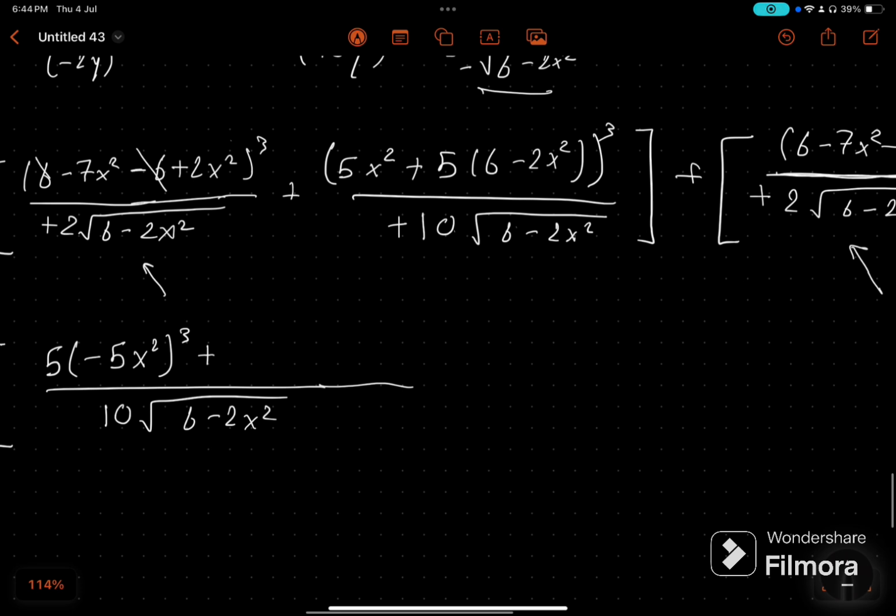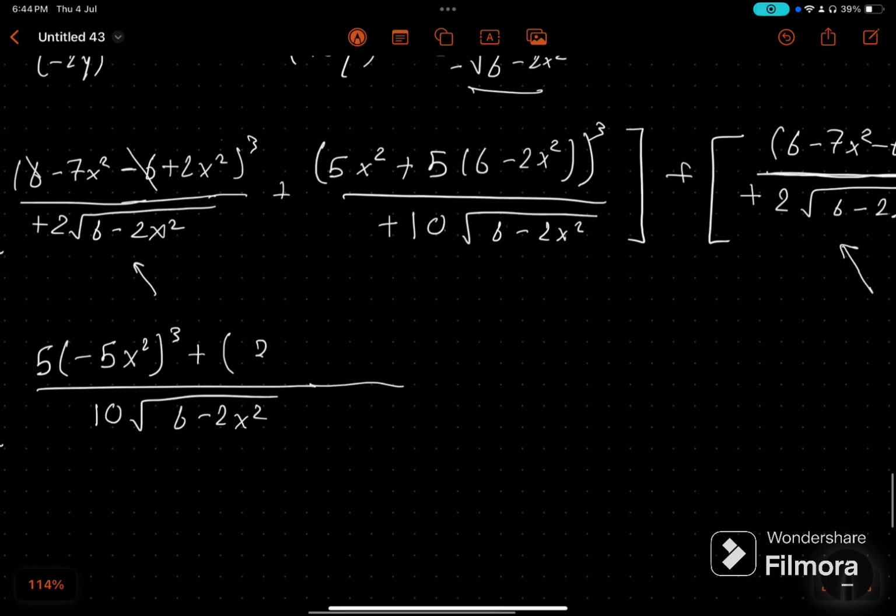Plus, now we have 5 times 6 is 30, and we have 30. Now 5 times 2, so minus 10x plus 5x, so minus 5x squared all to the 3.